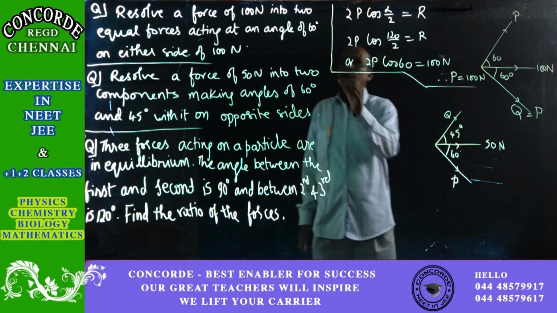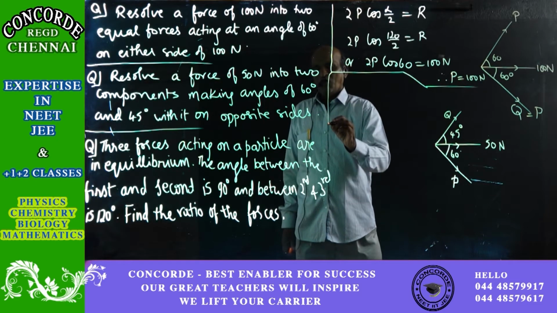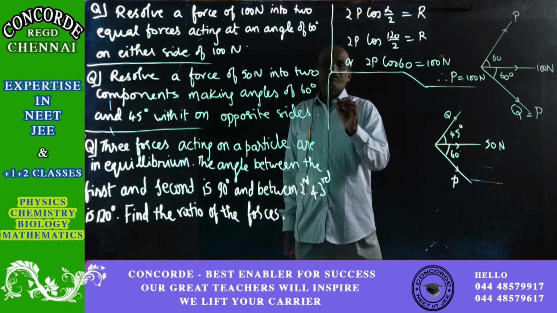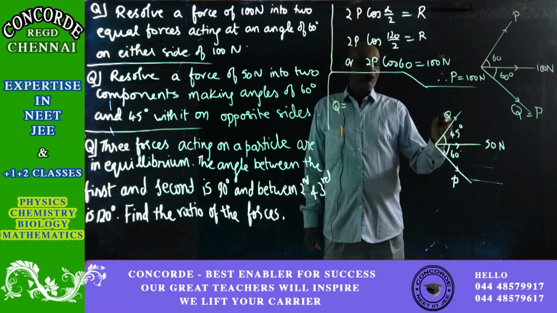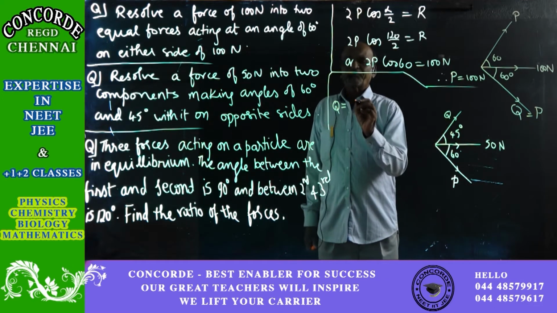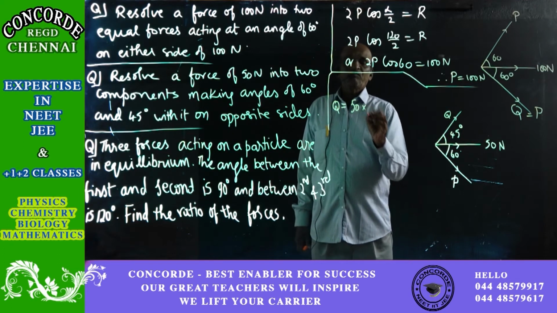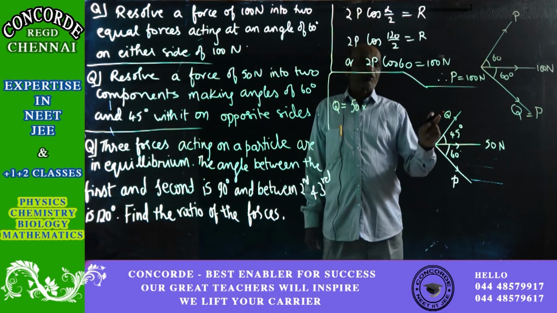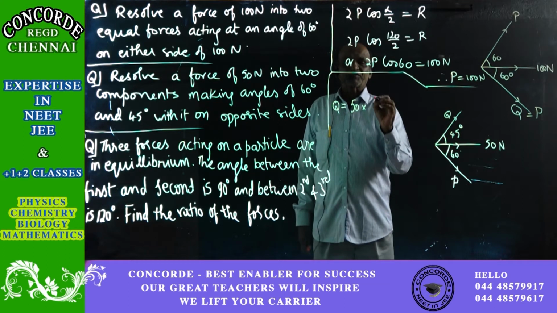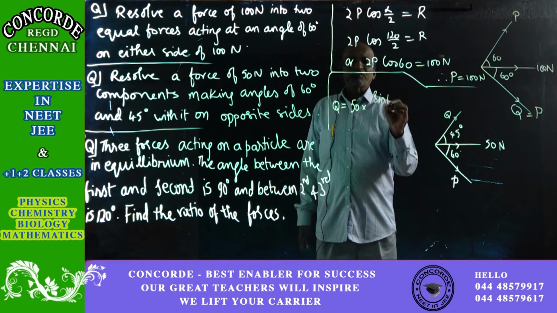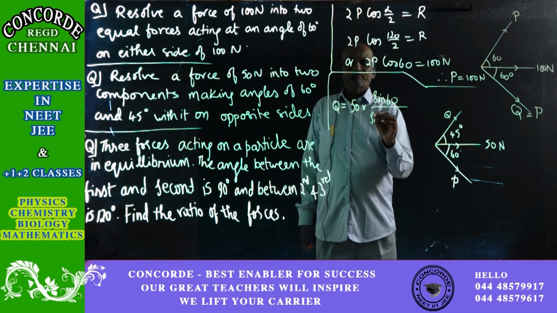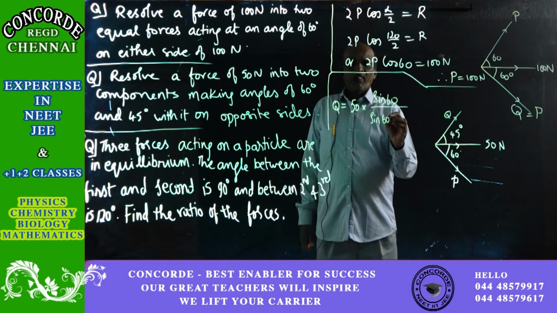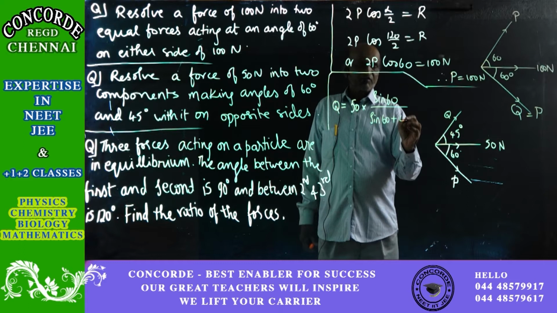The magnitude of one of the forces is given by Q is equal to, remember, the resultant 50 into sine of the opposite angle for Q. For Q, the opposite angle is 60, so it will be sine 60, divided by sine of 60 plus 45.